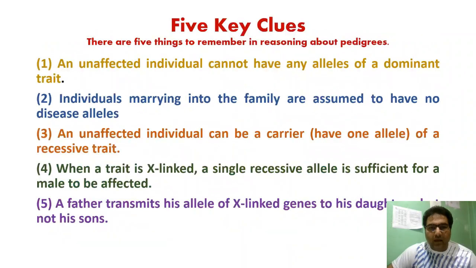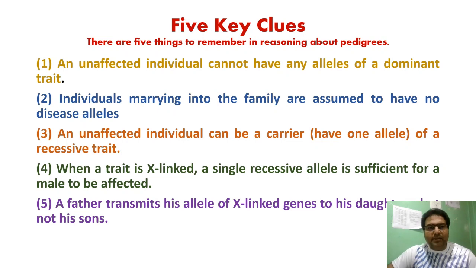Now we will directly move. Dear students, we are moving to one of the important slides, that is the 5 key clues. These are very important for the solution of pedigree problems. So a student should keep all these 5 clues in mind, and should have a clear idea about these points so that he will be easily able to solve the problems of the pedigree.